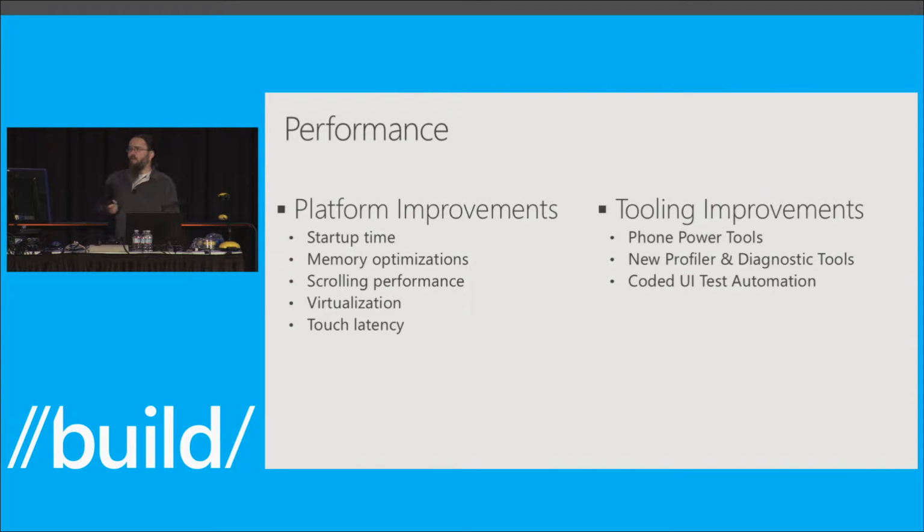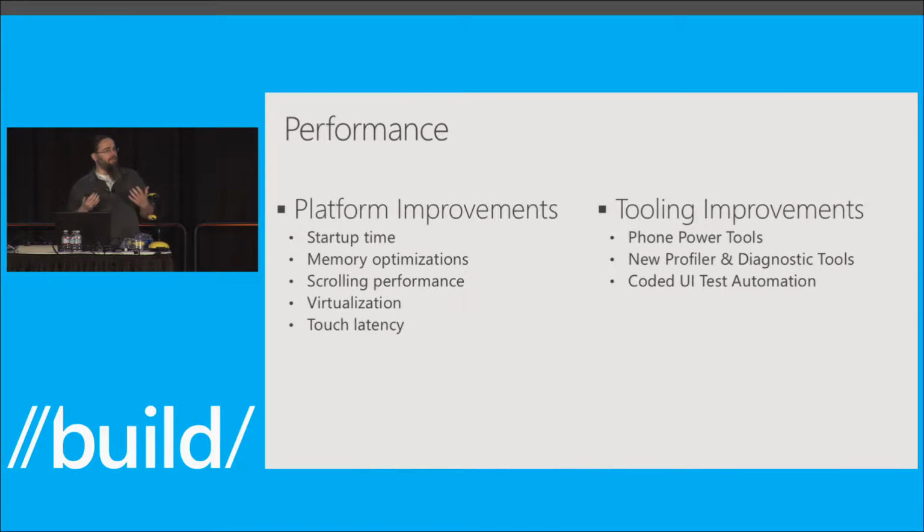There are a number of tools that we are including in the latest toolset, in the latest SDK that we are releasing, that make this a lot easier for you. Some of these tools you may already be familiar with if you have developed Windows Store applications with Visual Studio 2013. But now we're making a lot of these also available for phone development. So there is a big improvement on the tooling side compared to the Windows Phone 8.0 story.